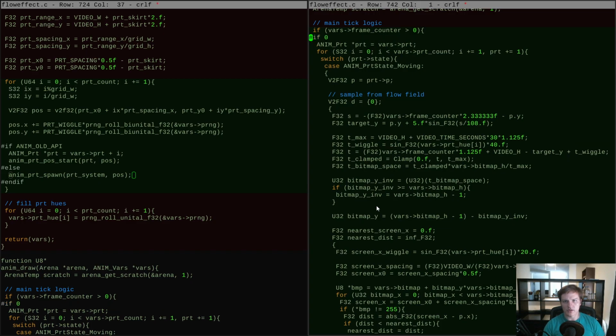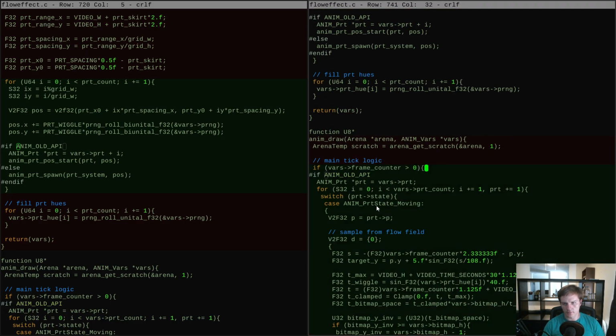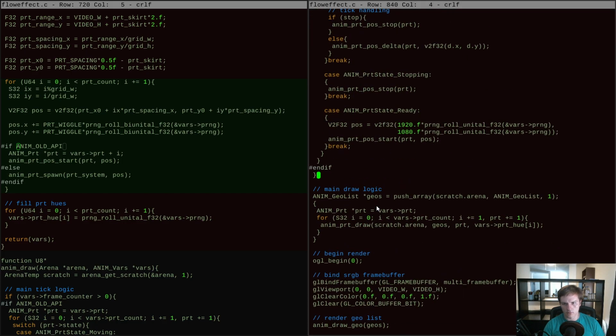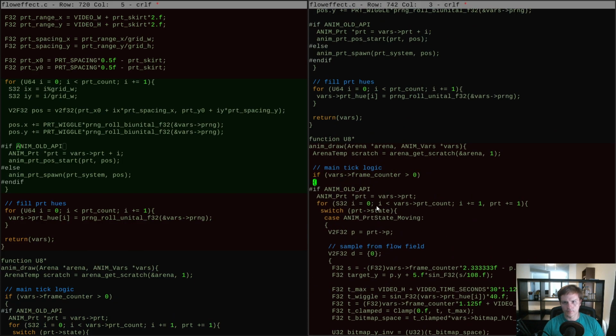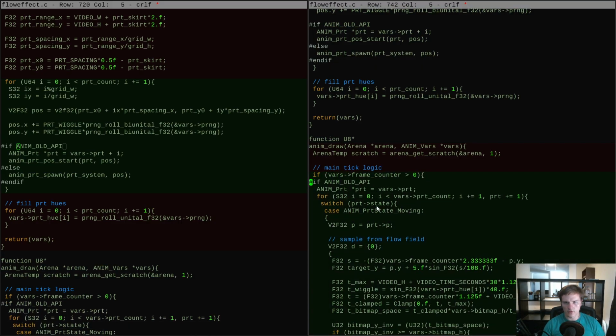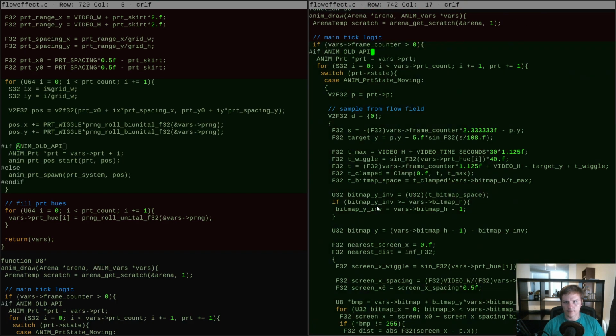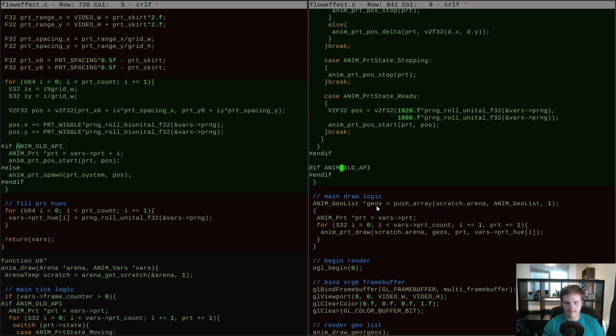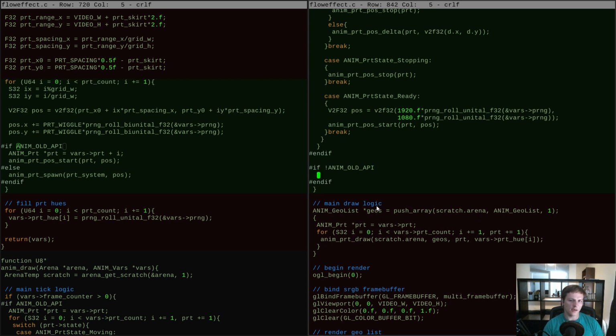So let's just say all of this is old API. If we're doing new API, then what we're going to get is something like we tick the whole particle system once per frame.